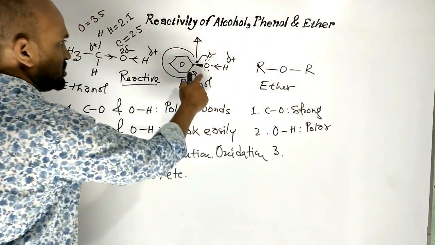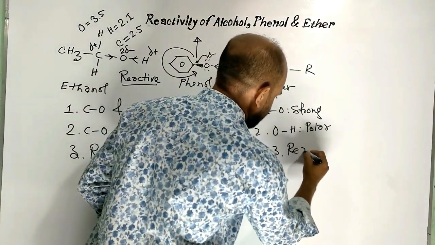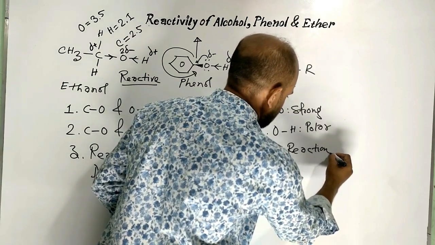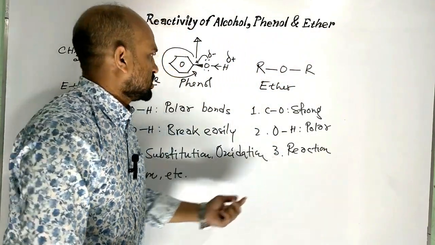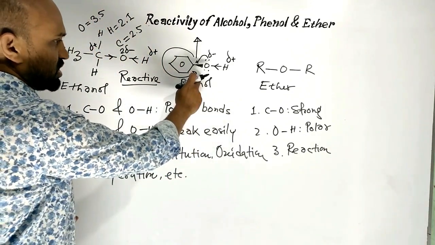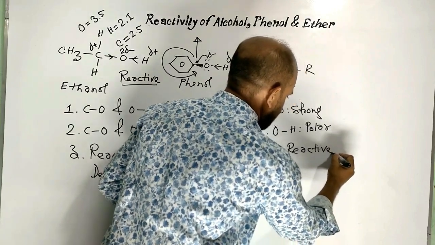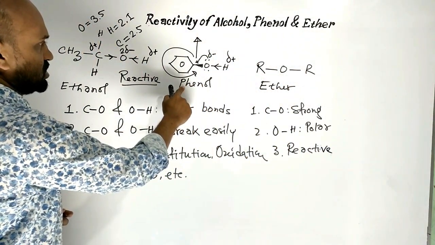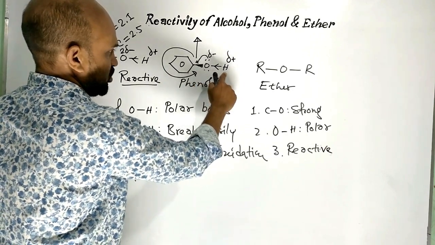As this bond is a polar bond, it becomes reactive in nature. The more polar the bond, the more reactive the compound will be. So, phenol is a kind of reactive compound because of its polarity in the oxygen hydrogen bond.